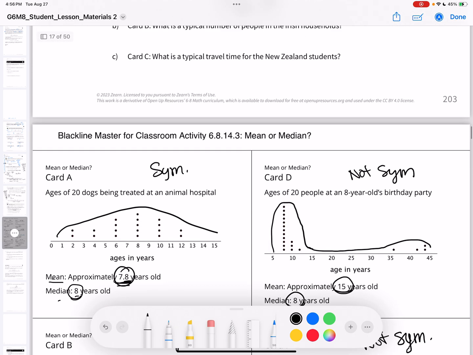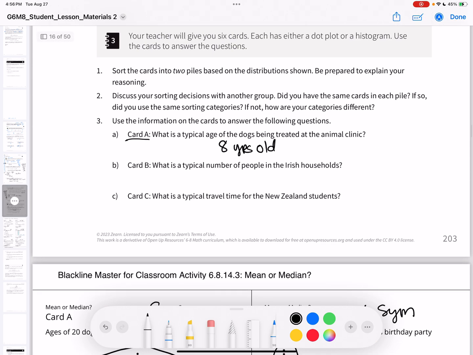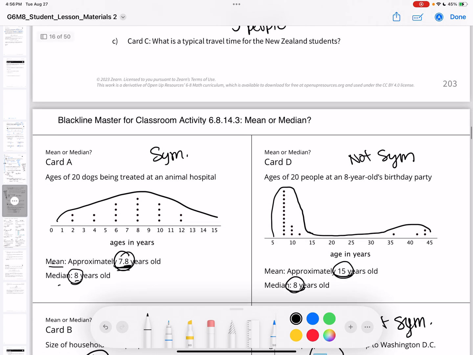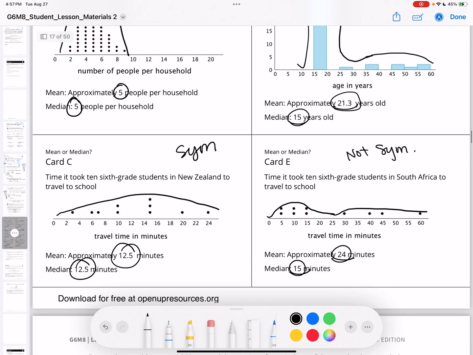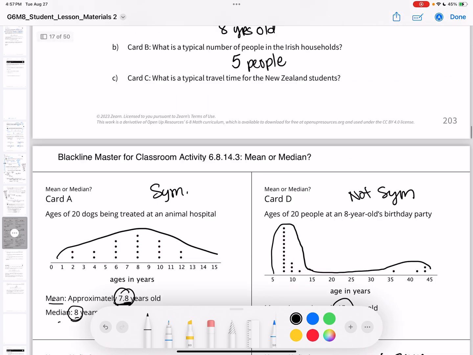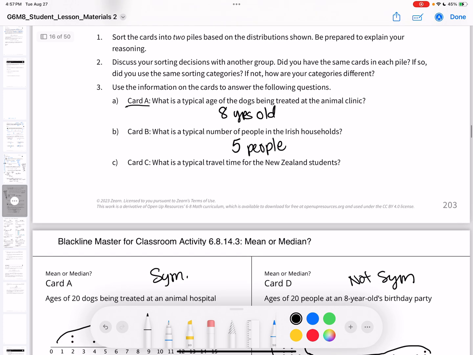So the typical number of people in an Irish household is 5. Card C, what is the typical travel time for the New Zealand student? Do you notice it's symmetrical and the mean and the median are the same, so 12.5 minutes.